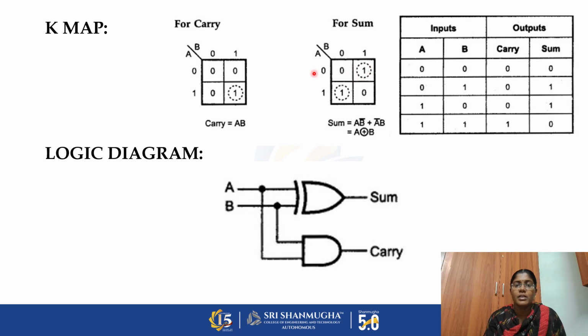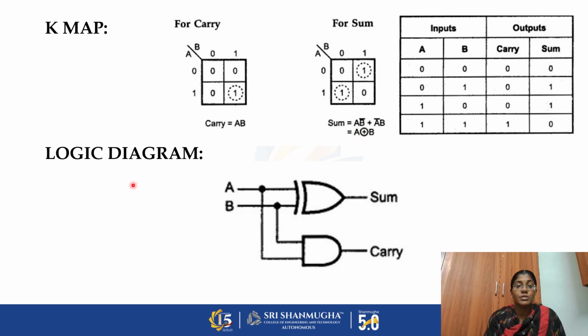For this one the variables are A bar B, plus for this one A B bar. So A B bar plus A bar B can be written as A XOR B.